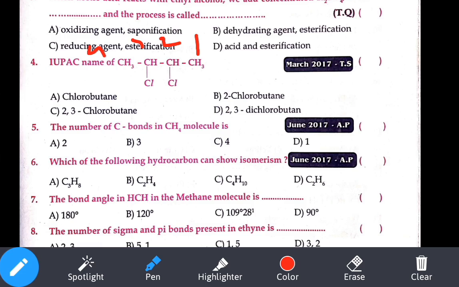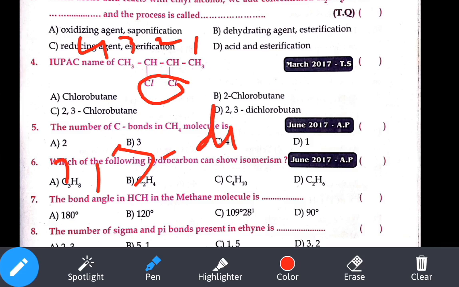Now, what are the steps we have to follow? First, we have to see if any substituents are there. Yes, substituents are there. On which carbon are they present? On the second and the third carbon. So 2, comma 3. What is the name of the substituent? Chlorine. But here both are the same type of substituent, so we'll write di, and what will we write? Chloro. After that, we should give the name of the word root. What is the word root here?